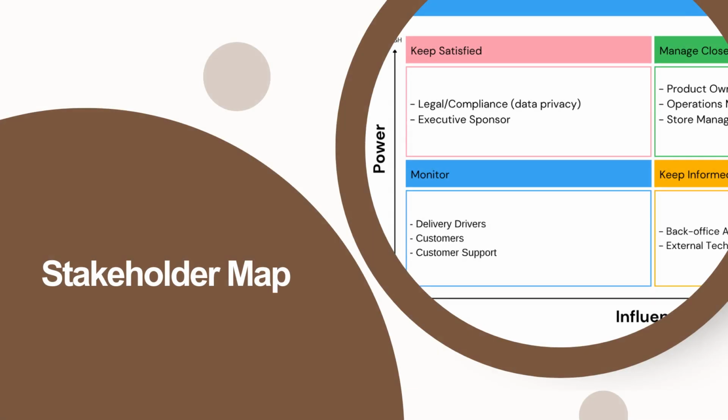Very specifically, I would be talking in this case about what is called a power interest grid. This is a visual tool that helps you to itemize your stakeholders, but also show their level of interest and their level of influence with regards to a project.